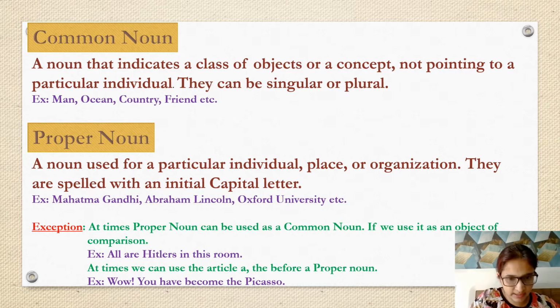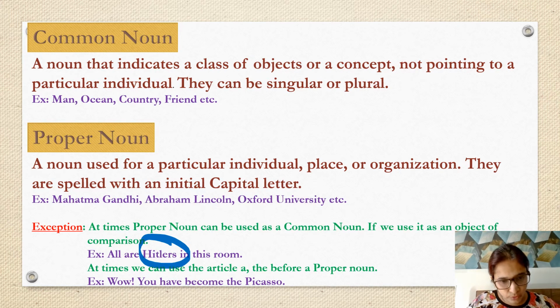When you say all are Hitlers in this room, we are not actually talking about the Hitler that we know, but we are just referring to the characteristics of the people in that room, comparing Hitler to those people and saying all are Hitlers in this room.